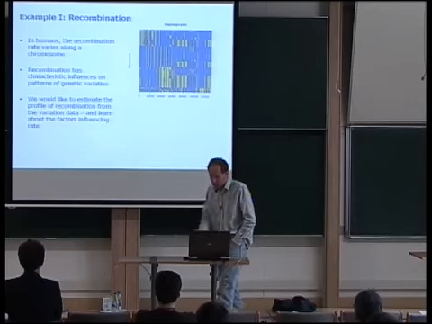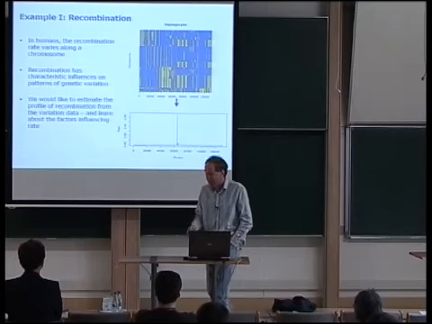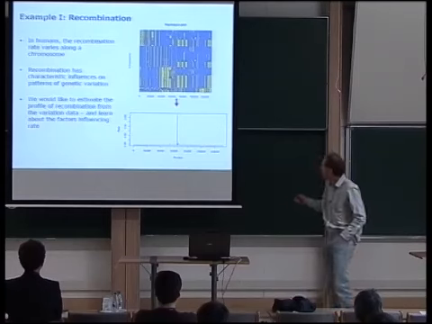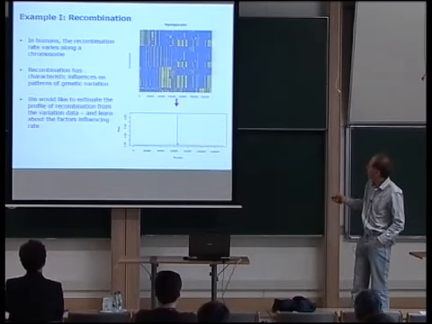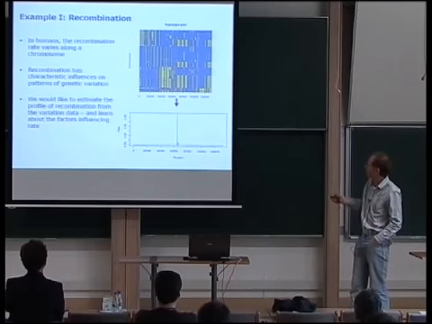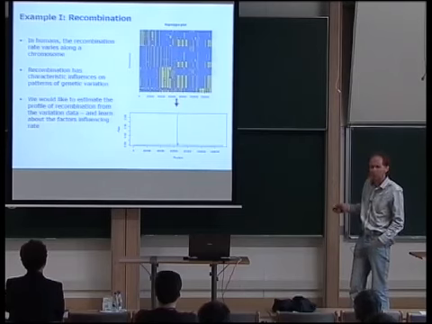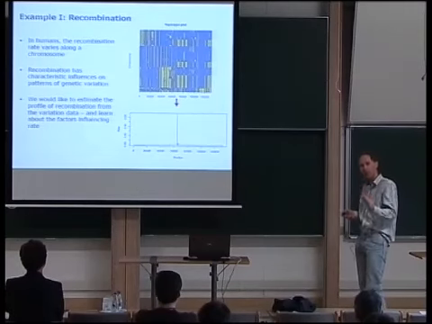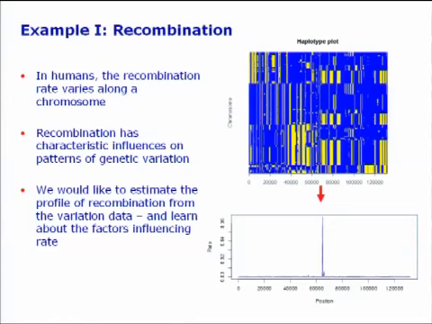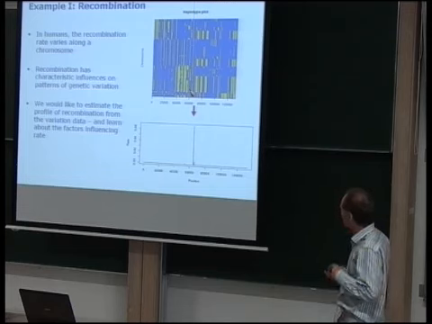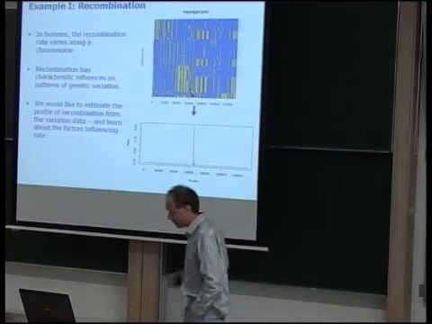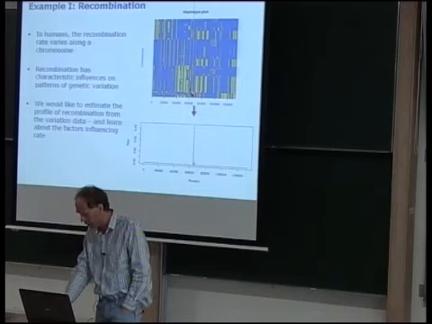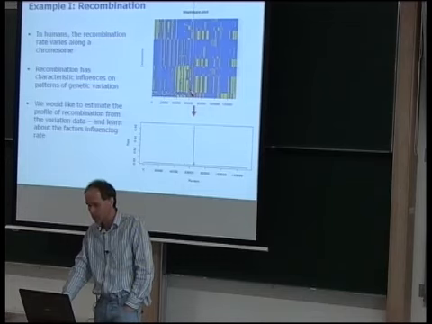And just to give the game away for this region, what we actually learn about recombination from studying this region is that there's a recombination hotspot, i.e. a region at which recombination is incredibly concentrated, slap bang in the middle of this region. And it's not totally obvious that if you just stared at the data, you'd see that. And so we'd like to develop ways of making these inferences. So that's one kind of setting.